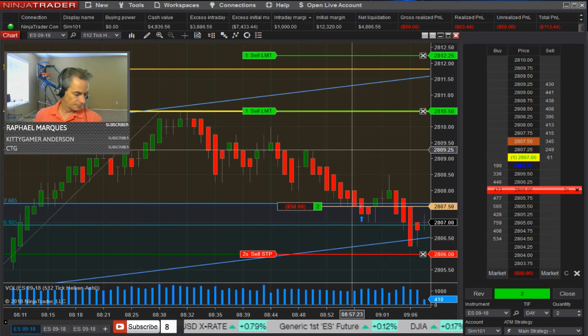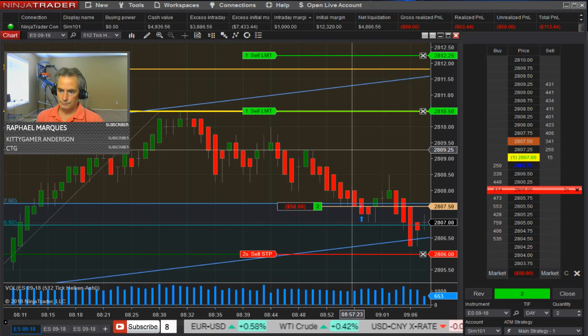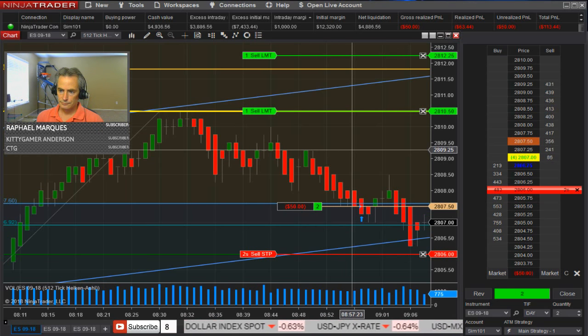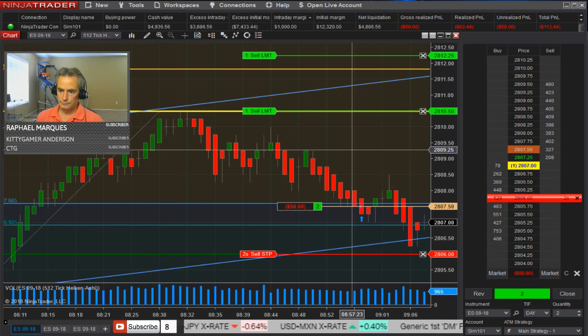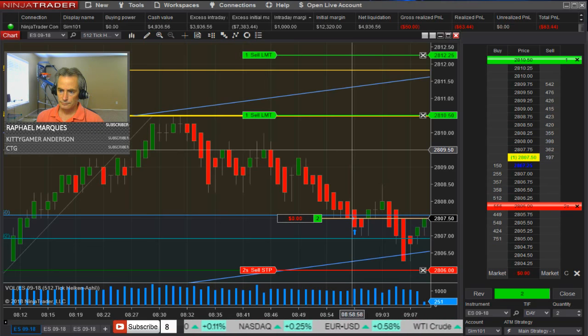Cross our fingers. Looking a little healthier.